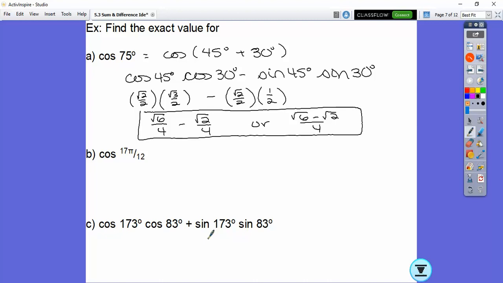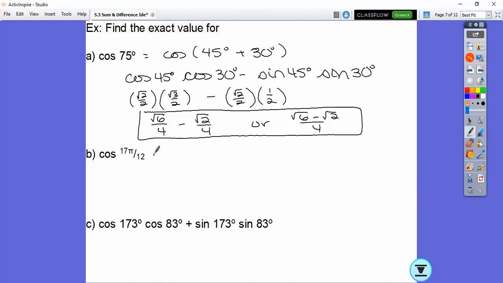B. We have cosine of 17 pi over 12. In general, it's a little bit harder for people to think about what might add or subtract if you're in terms of radians. So we can always convert this into degrees. How do we change radians into degrees?